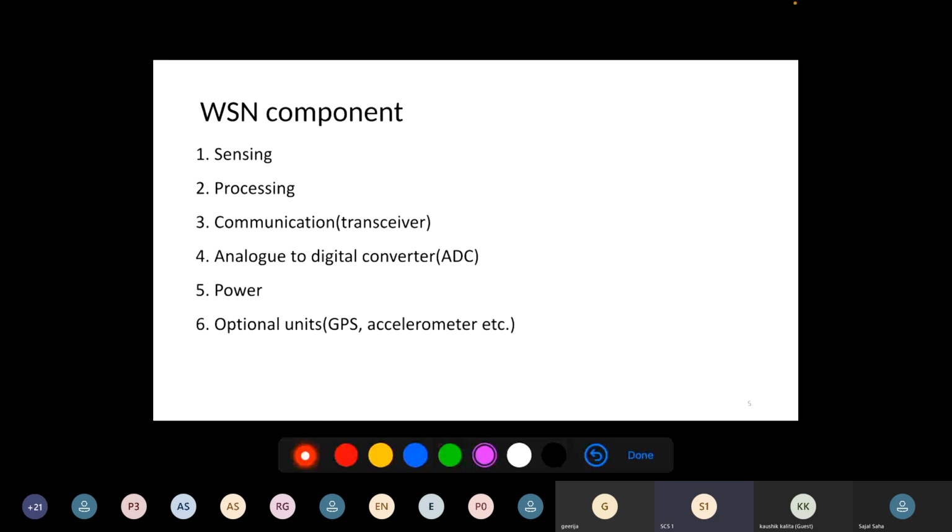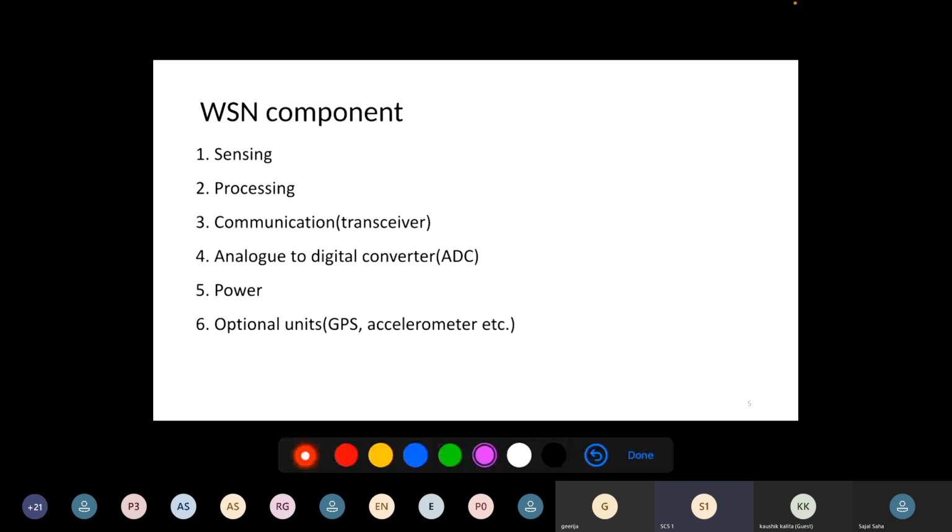Now, what are the wireless sensor network components? One is the sensing component. I need to sense it. After that, I have to process it. And after processing, whatever data comes to me, I have to transmit. At the time of transmitting the data, I have to convert it through an analog to digital converter.